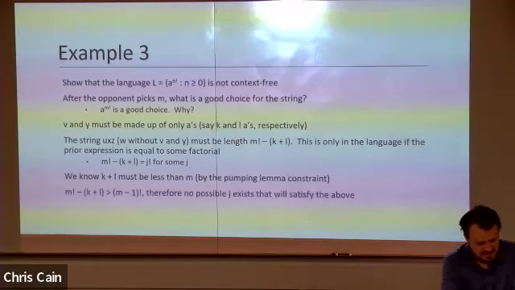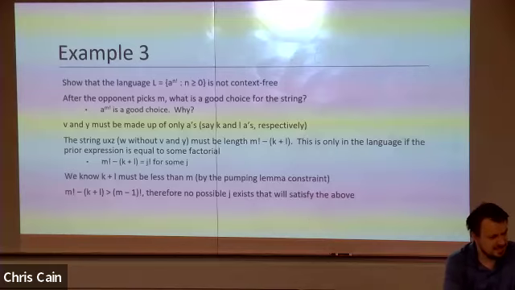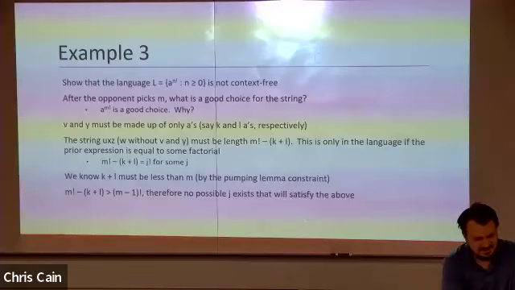We can show that m factorial minus k plus l is greater than m minus 1 factorial because of this. Just by using this inequality, we can show that no such j exists for that j factorial. It is not possible.